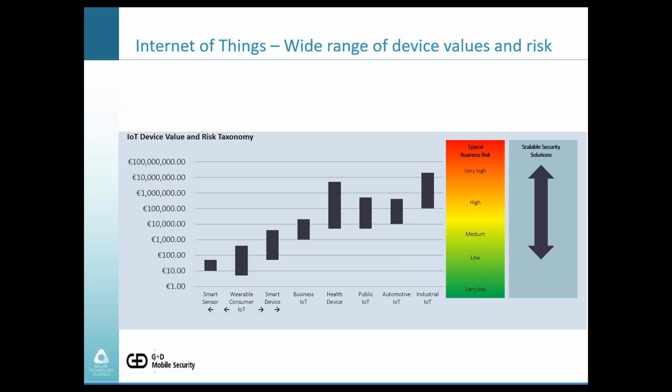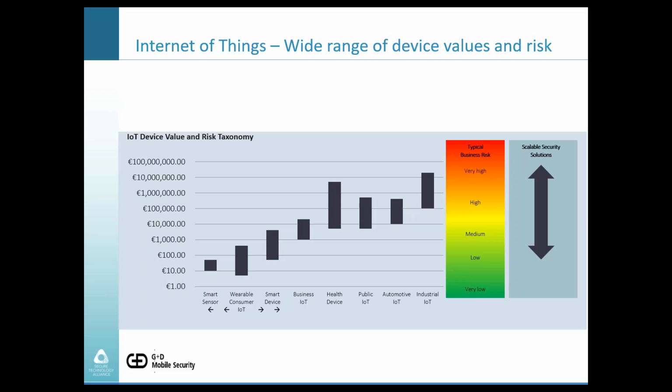So you may have a very low-cost device that's providing very critical sensor data. If you look at the highest value objects represented here, it could be a jet engine, or a very expensive MRI machine.